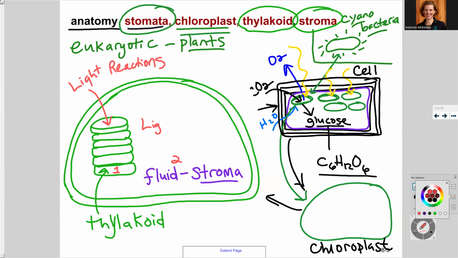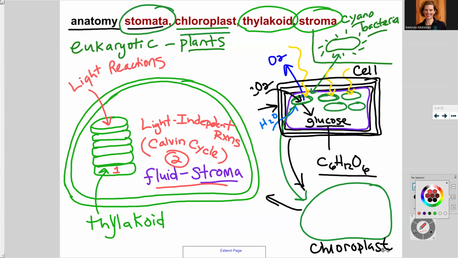So it's the light independent reactions. The important part that happens here is what's called the Calvin cycle. All right, so that's the anatomy and the overview for photosynthesis.